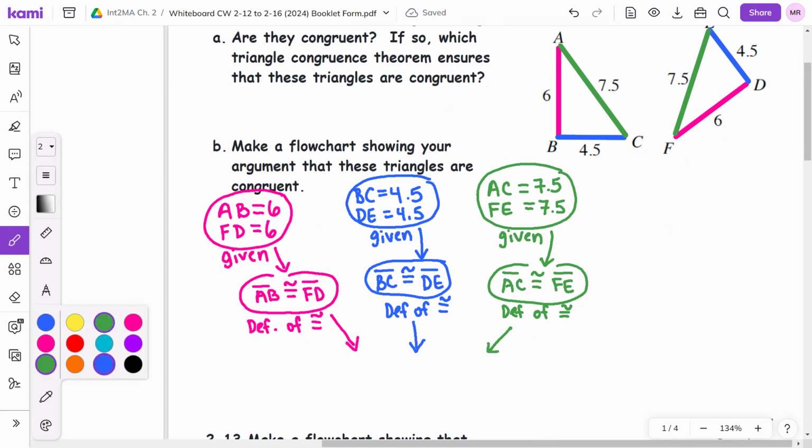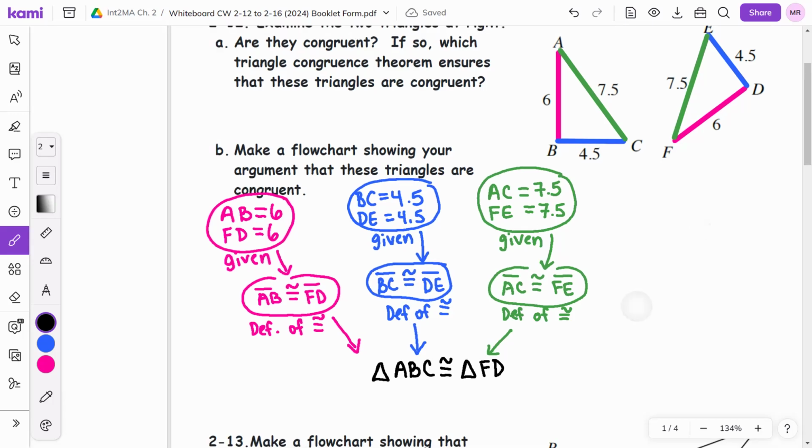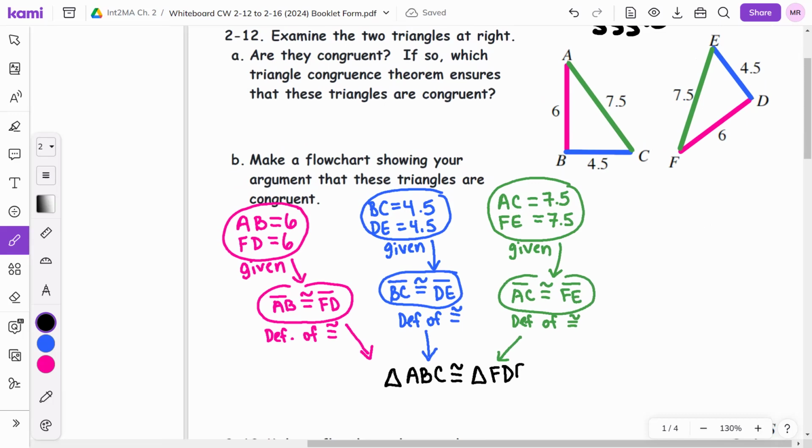That leads to the fact that these two triangles, I'm going to call the first one ABC, is congruent to triangle... Now, A corresponds with F, B corresponds with D, and C corresponds with E. So I can now say triangle ABC is congruent to triangle FDE, reason, side, side, side congruence. And that's the end of my proof.